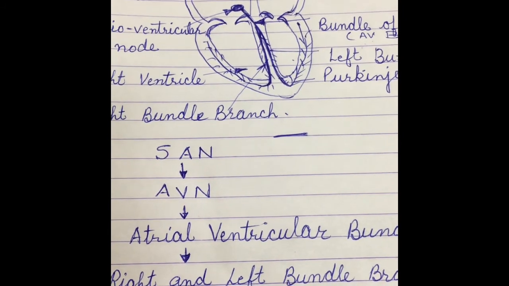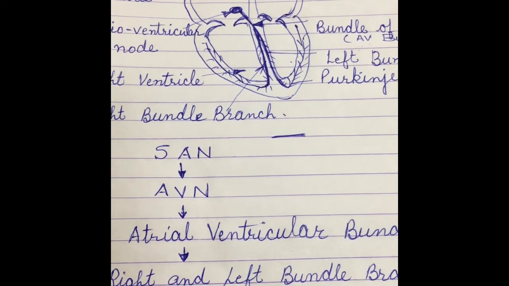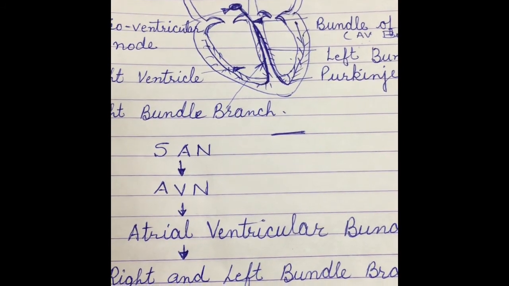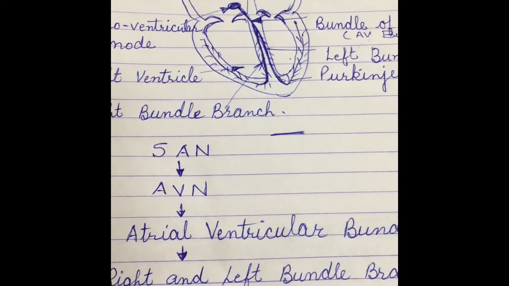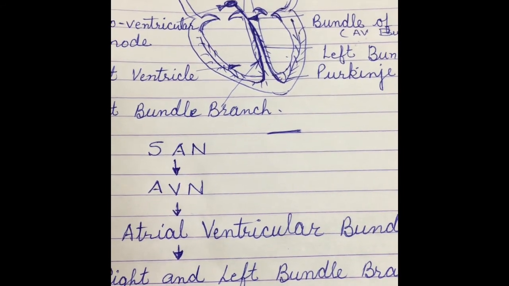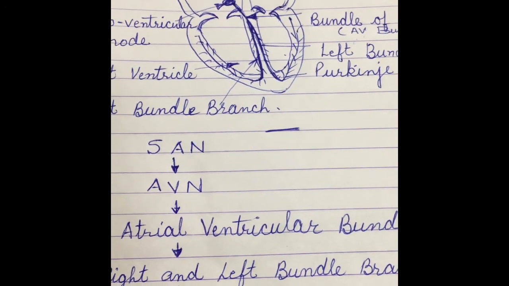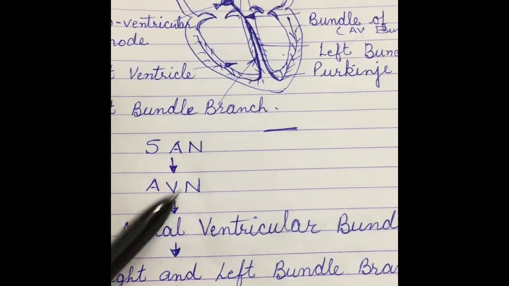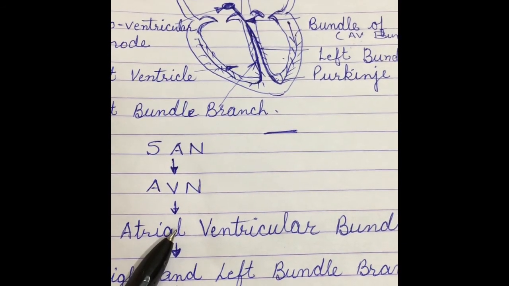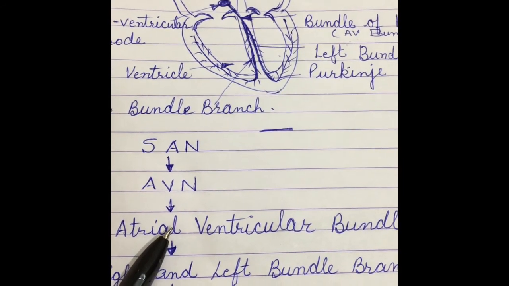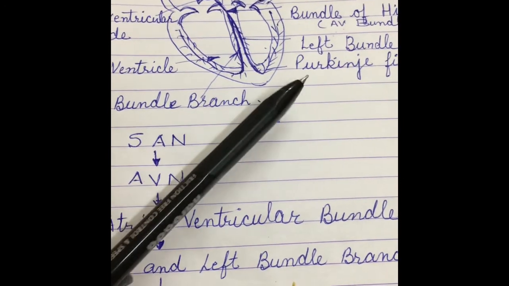A bundle of nodal fibers, that is the bundle of His, the atrioventricular bundle, continues from the AVN, which passes through the atrioventricular septa to emerge on the top of the interventricular septum and immediately divides into right and left bundles. So after coming from this septum, this branch divides into right and left bundles. These branches give rise to minute fibers throughout the ventricular musculature of the respective side and are called Purkinje fibers. These are the Purkinje fibers.